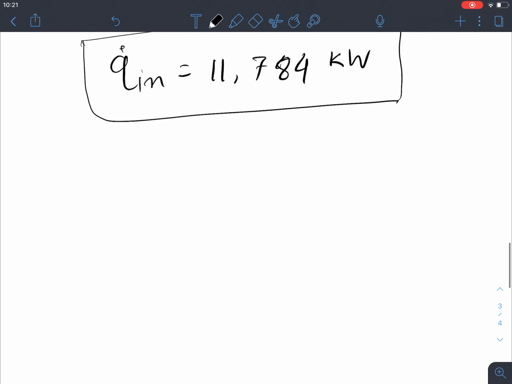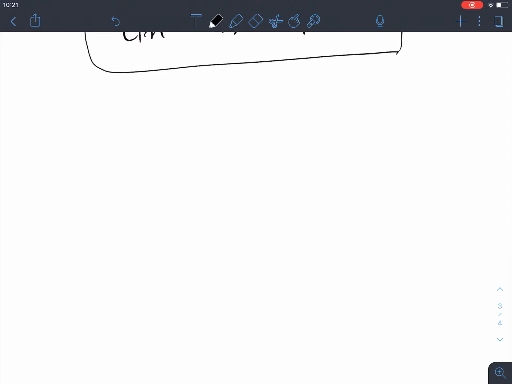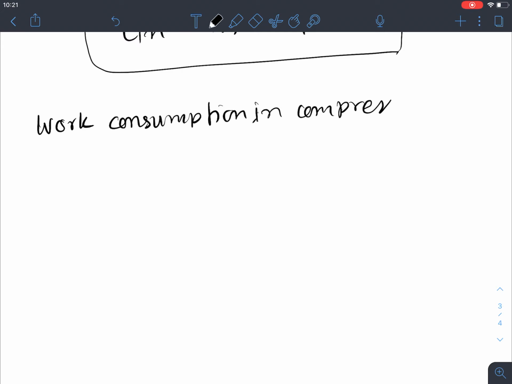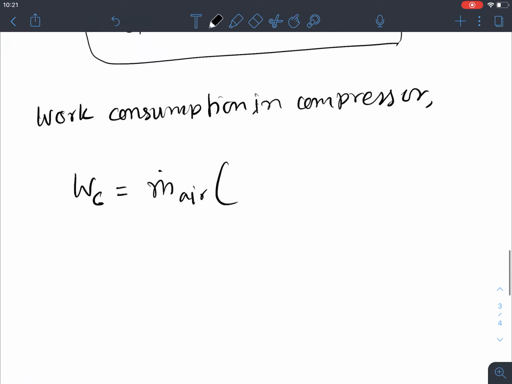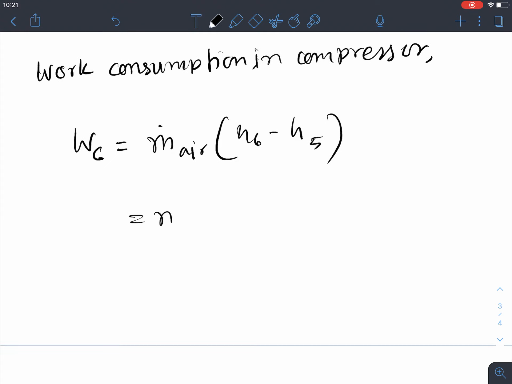Now the process, the WC or work consumption in the compressor. What is that? WC equals mass of air times (H6 minus H5), so mass of air times Cp times (T6 minus T5).